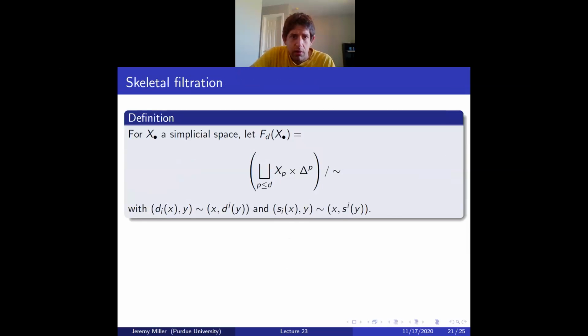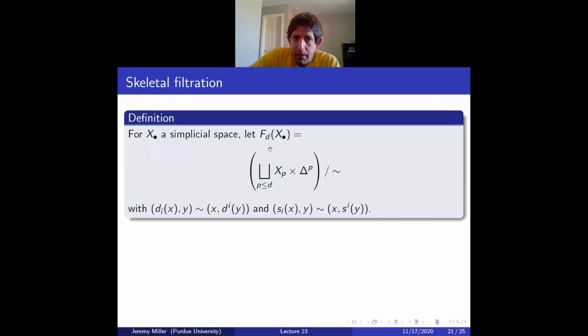Okay, so let me talk about the skeletal filtration. If you have a simplicial complex or simplicial set, you probably know what the 3-skeleton of a simplicial complex is. So we're trying to write down the analogous definition.